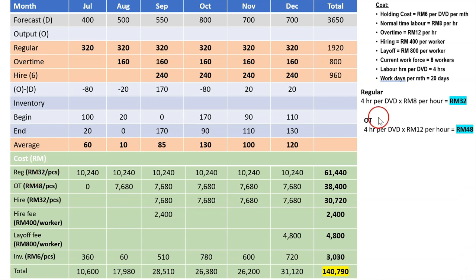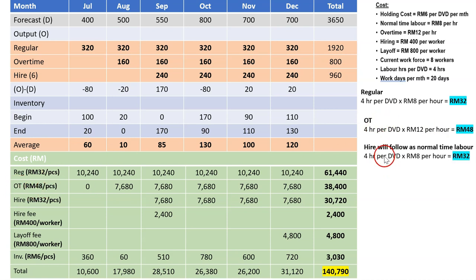And then for overtime, the rate is different. For overtime, the rate is 12 ringgit per hour. The normal is 8 ringgit, so overtime is 12 ringgit. To make 1 DVD is 4 hours, so times 12 ringgit per hour, you get 48 ringgit. Now you can put 48 ringgit here.